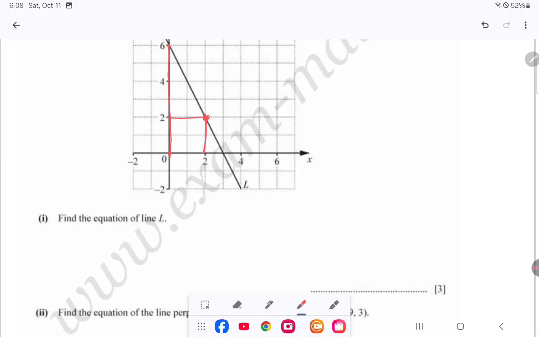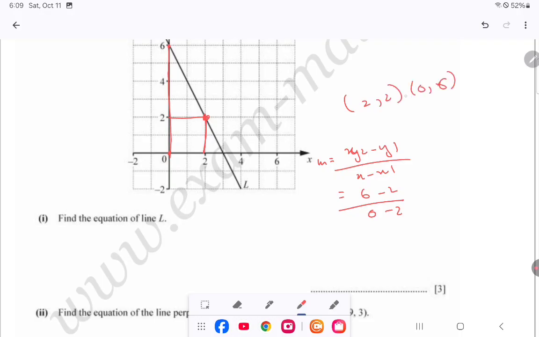Now for the slope, (y2 - y1) over (x2 - x1). Put the values: (6 - 2) over (0 - 2), using the points (2, 2) and (0, 6).